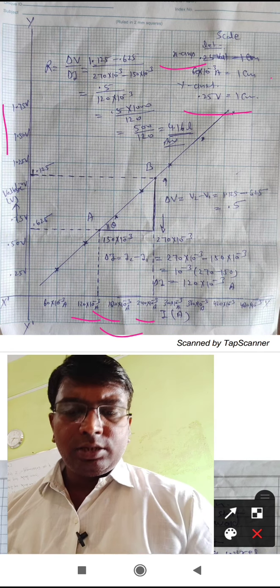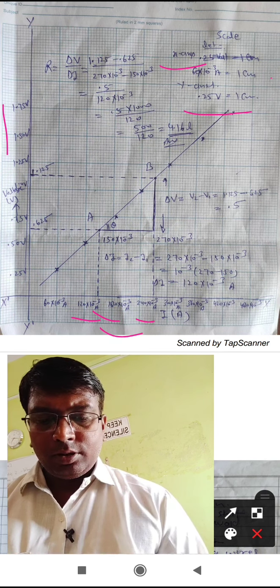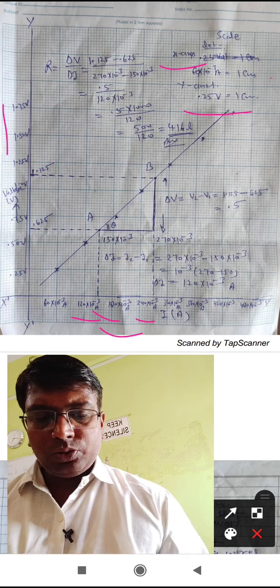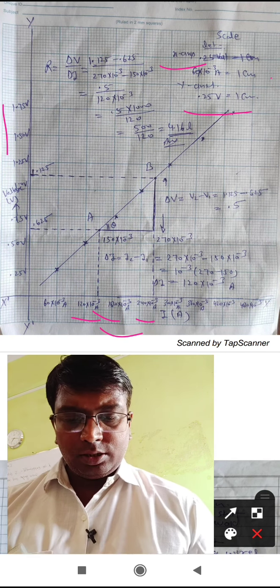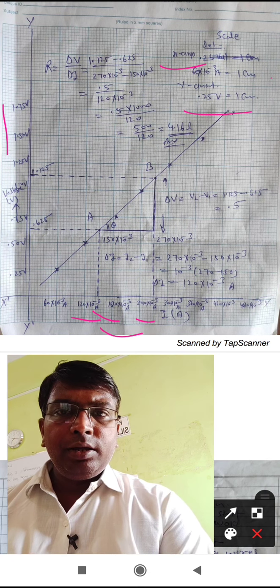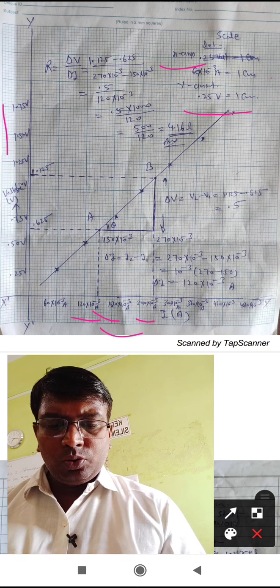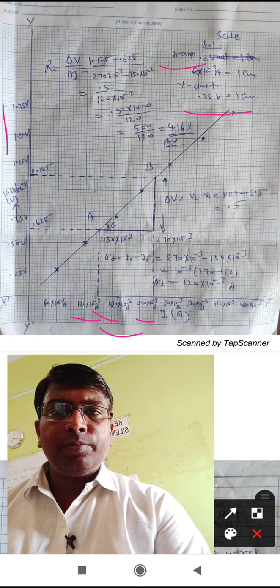We see that the first point in the table is voltage 0.25 volt and current 60 into 10 to the power minus 3 amperes. So that is the first point.